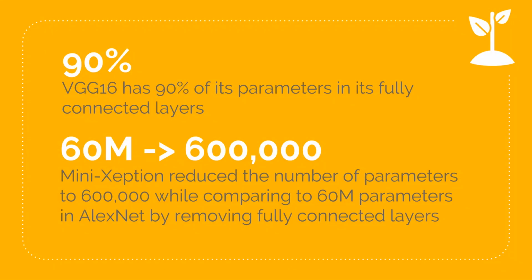The reason behind this is that most of the parameters are in the fully connected layers. If we remove them, we reduce our number of parameters greatly. Also, with the residual module, the gradient is easier to propagate into earlier layers.